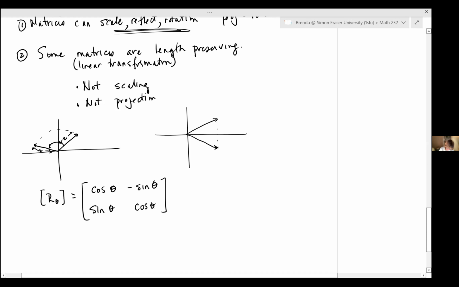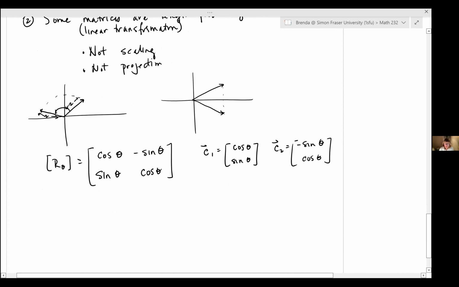Okay, let's take a look at the columns. Column 1 looks like this. Let's take the dot product of column 1 with column 2. That's first element times first element plus second element times second element. 0.